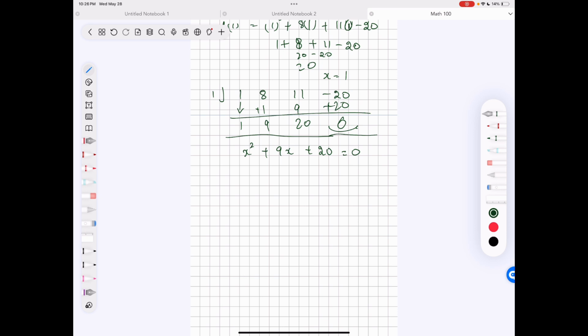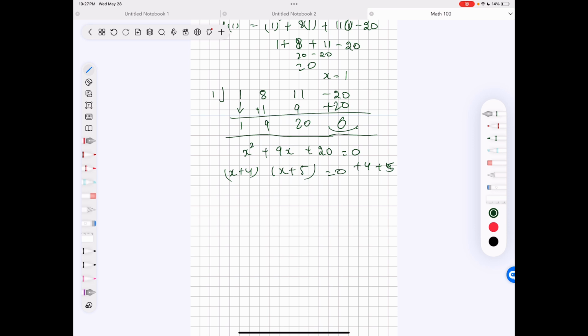So we need numbers that multiply to 20 and add up to 9. We can take 4 and 5. Positive 4 and positive 5 add up to positive 9 and multiply to positive 20. So x plus 4 and x plus 5, we're gonna set them equal to 0.